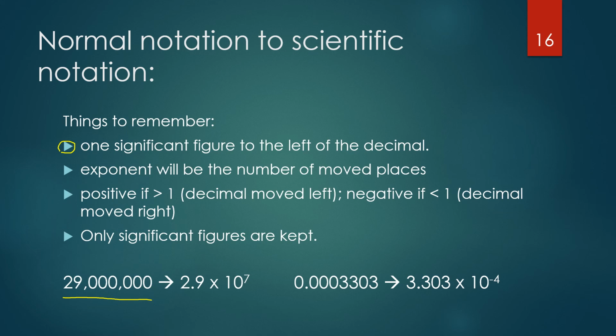What that means is you want one non-zero number to the left of the decimal. So looking at that number, 29 million, I know that I'm going to want my decimal point between the 2 and the 9 when I write it in scientific notation. Because that way I have just one non-zero number to the left of the decimal point, being the number 2 in this case.